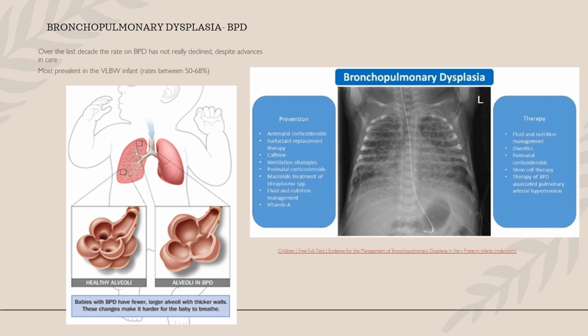And it doesn't matter if they're just on CPAP, even though it's really minimal, we're still causing injury. We're still doing something to the alveoli that normally would not have been done to it, and that results in injury.